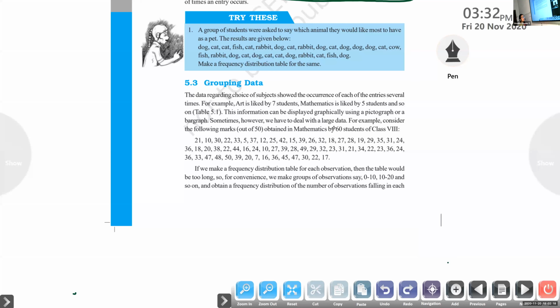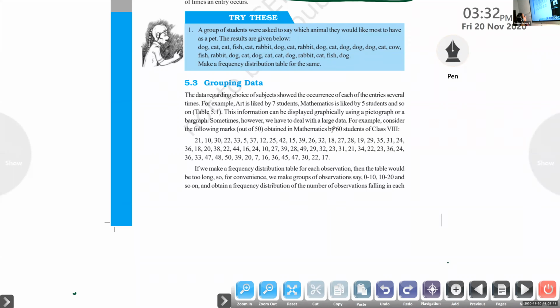Okay, so for preparing a frequency table, first we have to list all the marks here. Here, many different marks are there, 18, 7. So writing all the marks, writing their tally marks and counting their frequency is very difficult, because there are many marks.